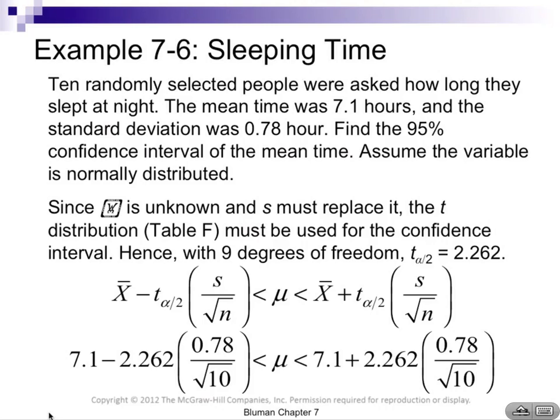So, sigma is unknown right here. That's important to remember. It can be stated, but often you can tell just by the wording of the problem whether your sigma is unknown or not.